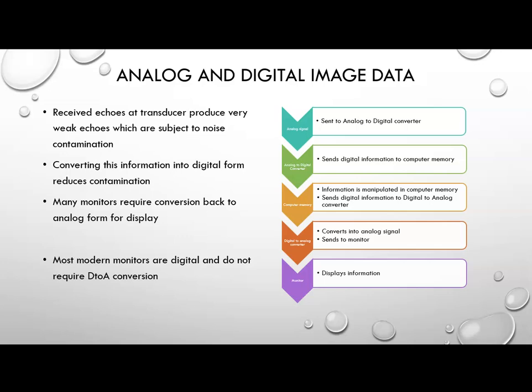So at some point though, the analog information from the transducer is converted into digital information that is used by the computer. We call that an analog to digital conversion, okay? Or analog to digital converter is the part of the system that does that.